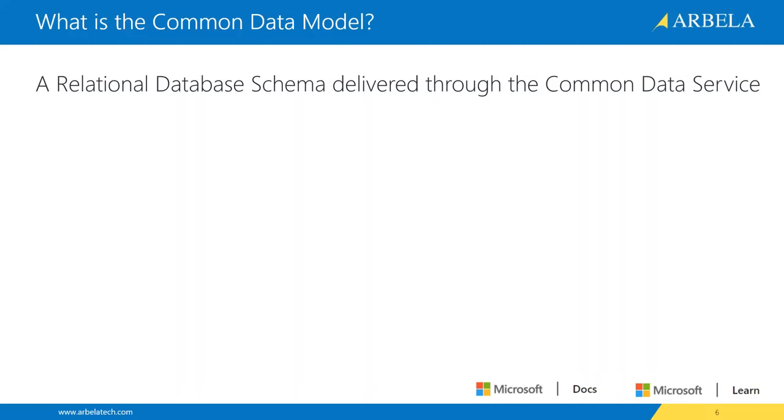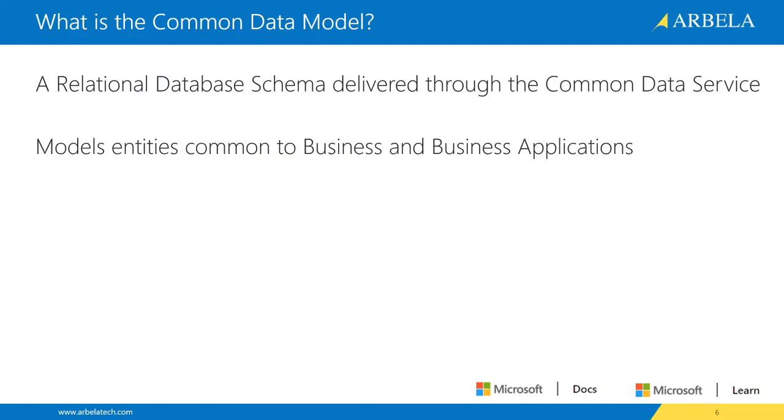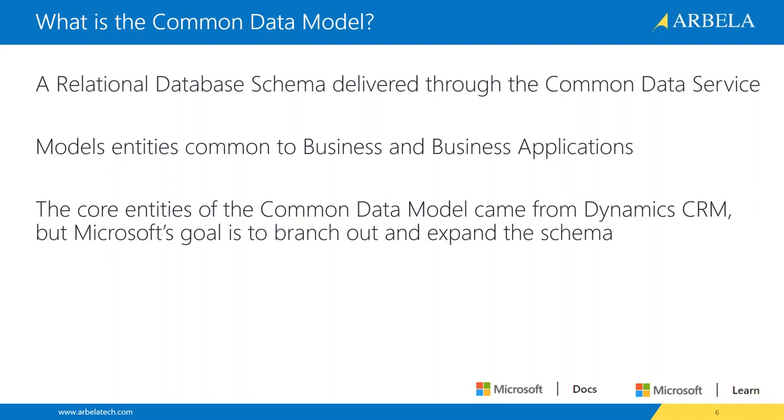The service itself is what you use to create data in the form of the Common Data Model, whereas the Common Data Model itself is the semantic consistency and the common entities that come along with any new Common Data Service environment that you might happen to spin up. These are things like accounts and contacts, core pieces of the old CRM data service, but also very application-focused things like users, teams, security roles, this sort of thing.